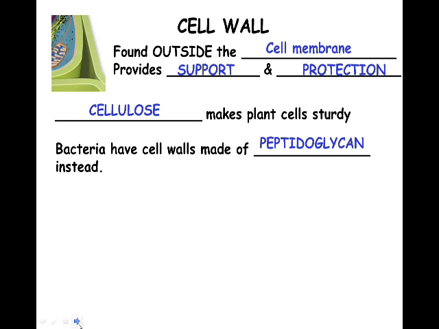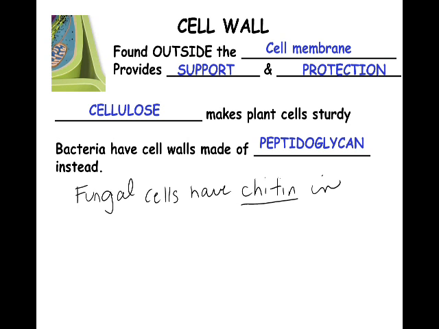And we're going to add one more thing to our flipbook here. I'm going to ask you to add another little statement, because other kinds of cells have different things in their cell walls. Bacteria have peptidoglycan. Fungal cells, fungus, think athlete's foot fungus, yeast is a kind of fungus, have chitin, C-H-I-T-I-N, in their cell walls to make them sturdy.